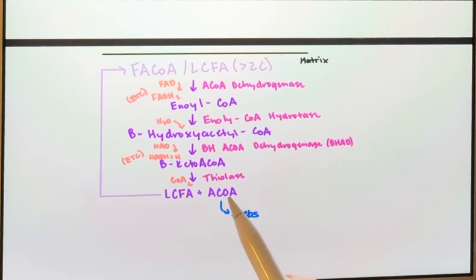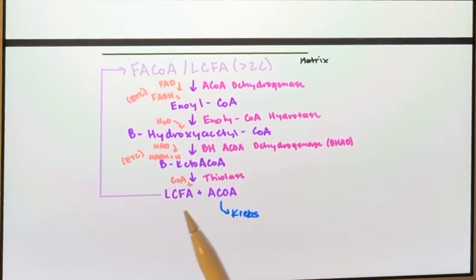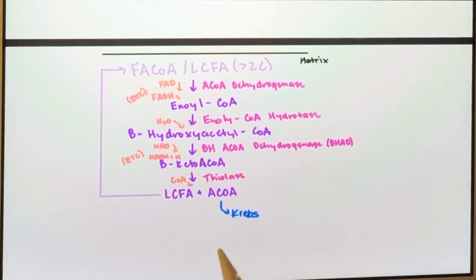This acetyl-CoA will go to the Krebs, and if these long chain fatty acids have, say, 10 carbons, it goes through the process and produces a 2-carbon acetyl-CoA that leaves a long chain fatty acid of 8 carbons. That will go back up here and go through the process again, and then you'll have a 6-carbon long chain fatty acid and another 2-carbon acetyl-CoA, and it'll keep going through that process.